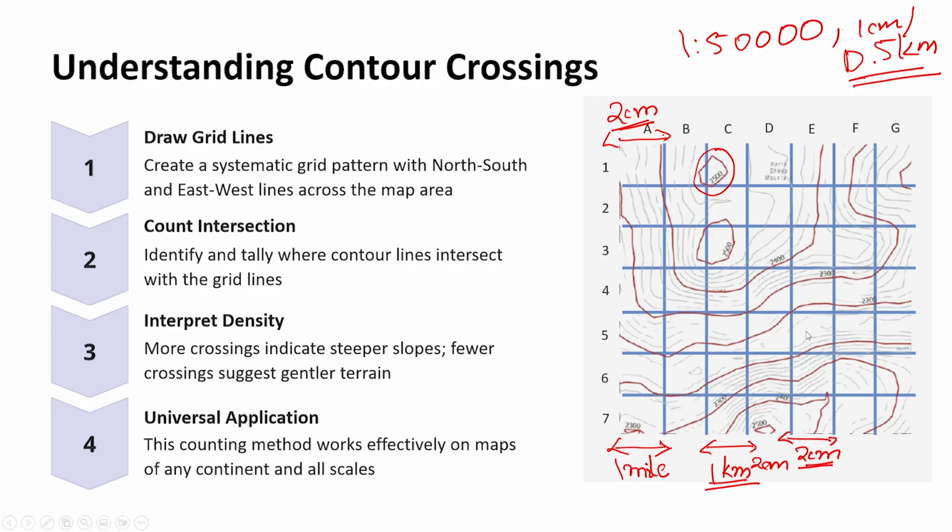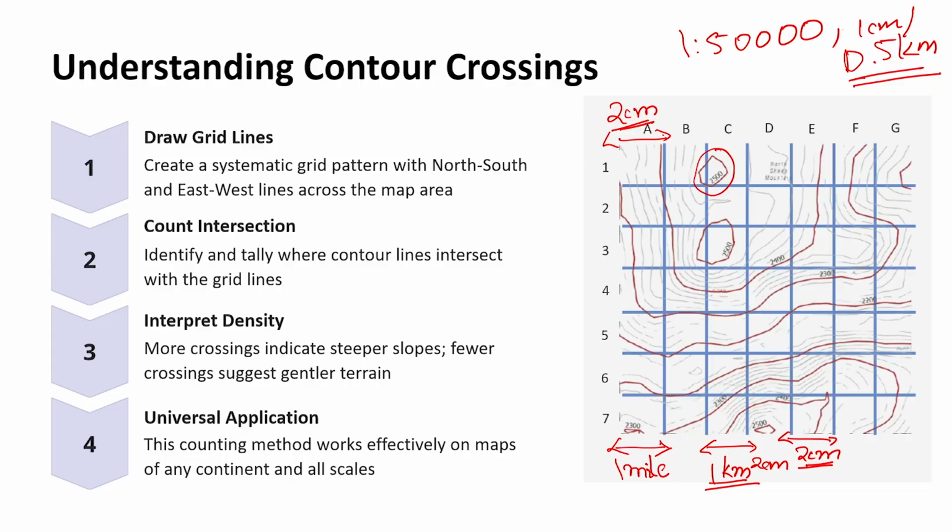If your map's scale is in miles and feet, do not worry, you can use inches. So, you can either opt for a 0.5 inch grid or a 1 inch grid if the scale is in miles and feet.